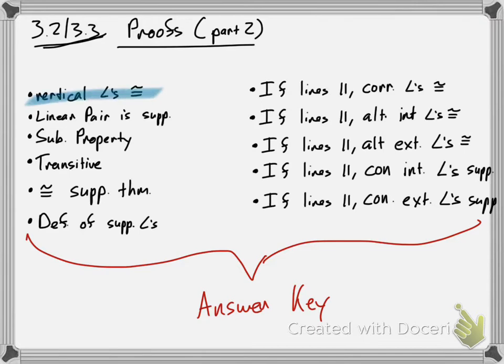Vertical angles, linear pairs, those are some things that we looked at in chapter 1. Substitution, transitive property, those are some concepts that you looked at last year in Math 1, and we'll review a little bit of those today.